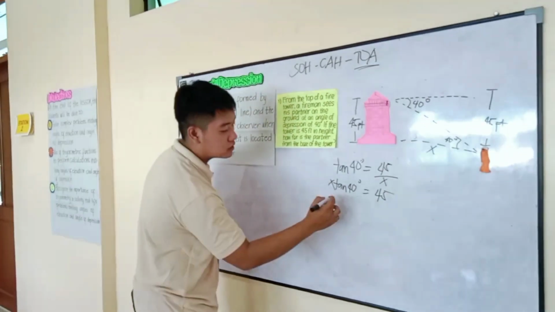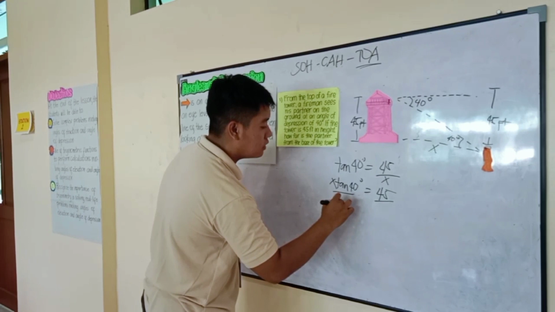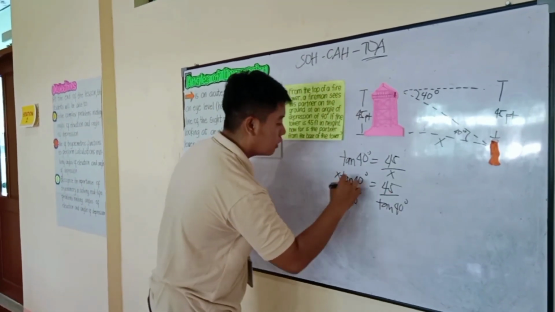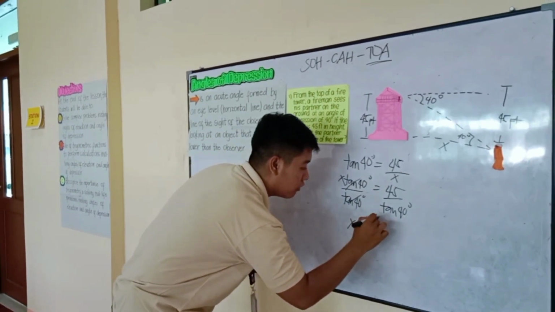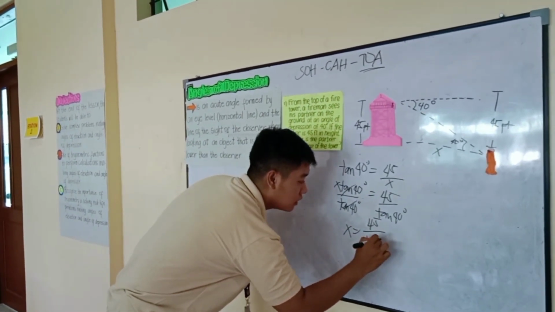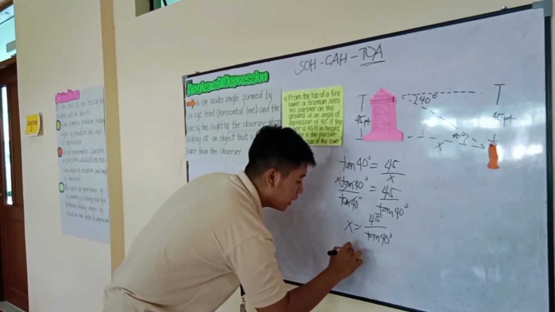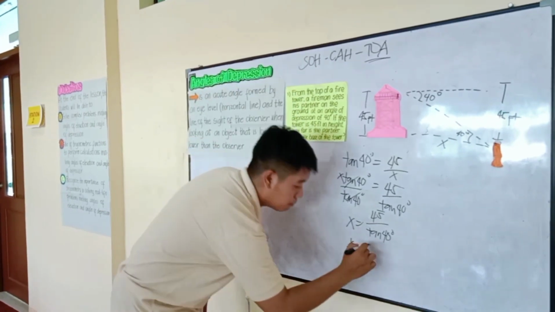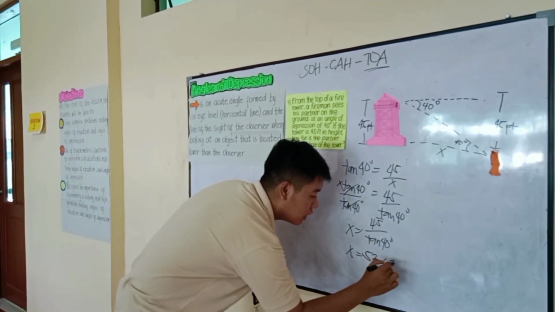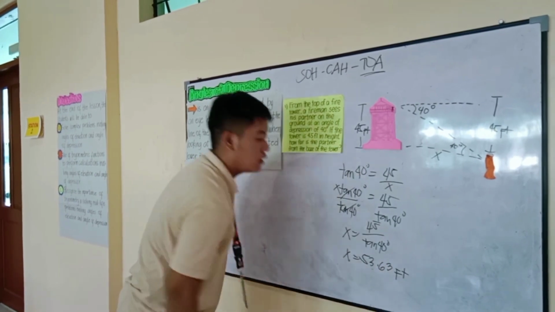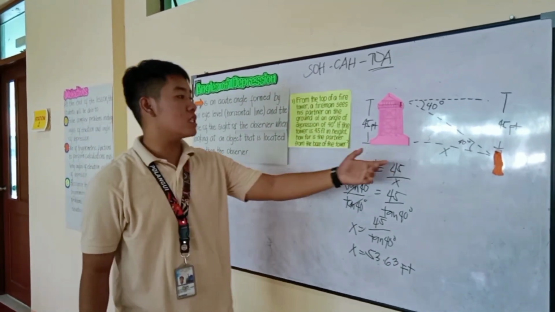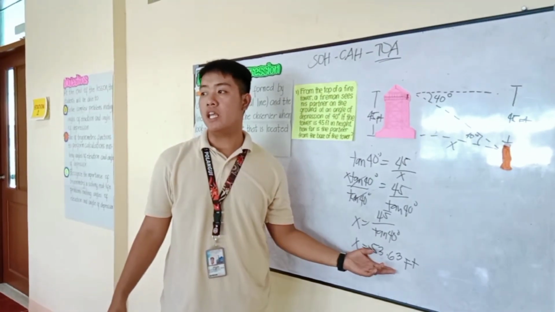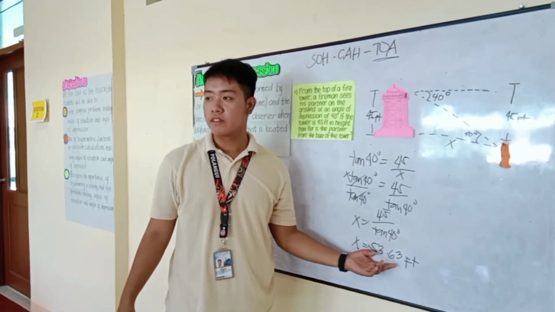To find the value of x, divide both sides by tangent 40 degrees. x is equal to 45 over tangent 40. So x is equal to 53.63 feet. Therefore, the distance from the base of the tower is 53.63 feet. Understand? Yes, sir.